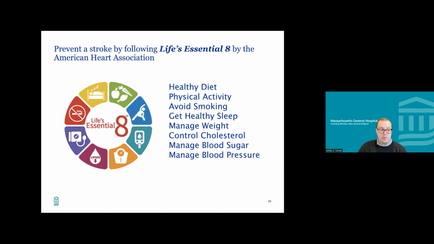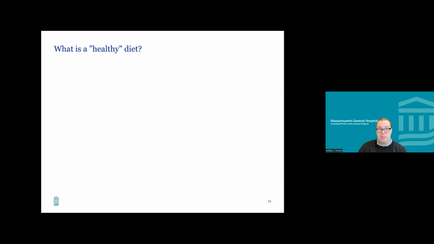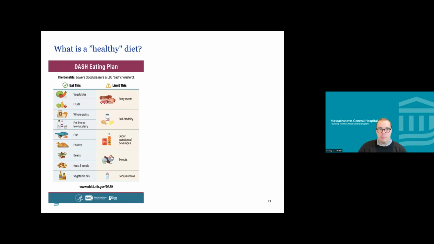So going through some of these in a little bit more detail, what is a healthy diet? The American Heart Association recommends two that have been shown to reduce the risk of stroke. First is the DASH diet, also recommended by many cardiologists.